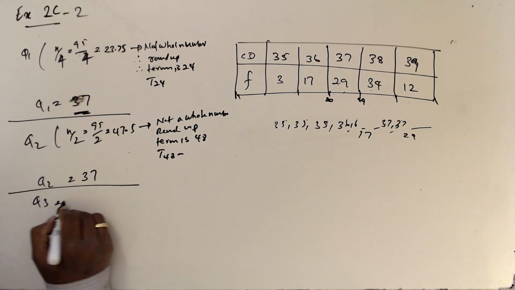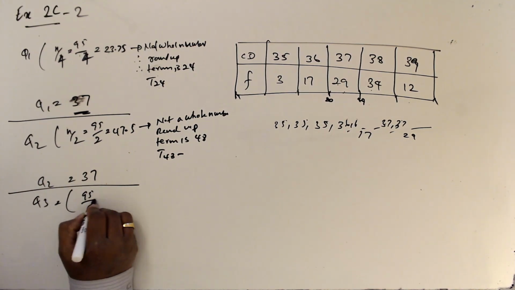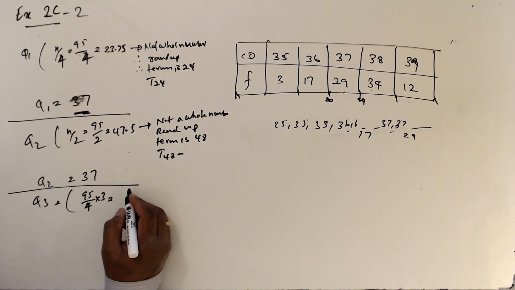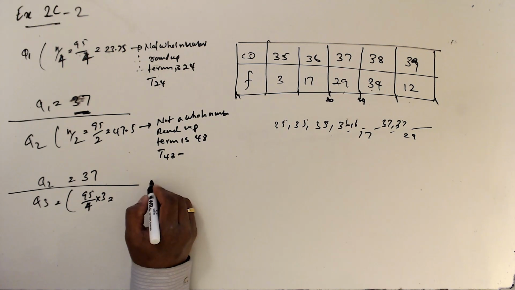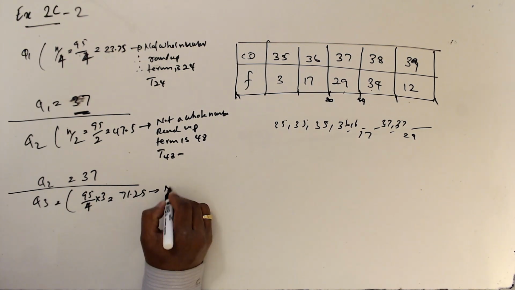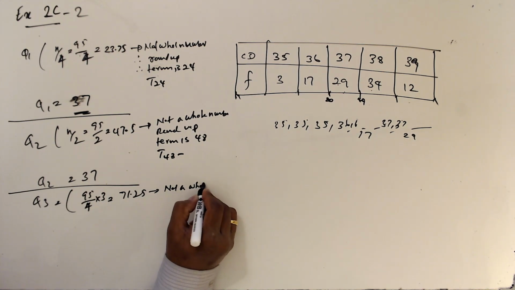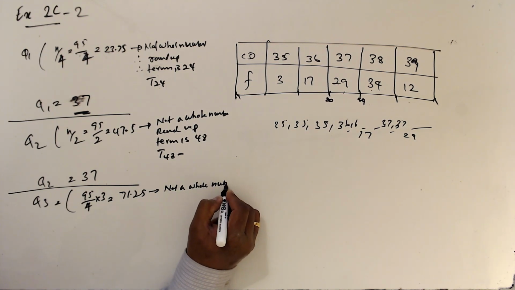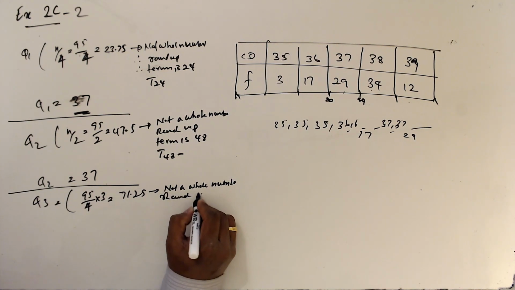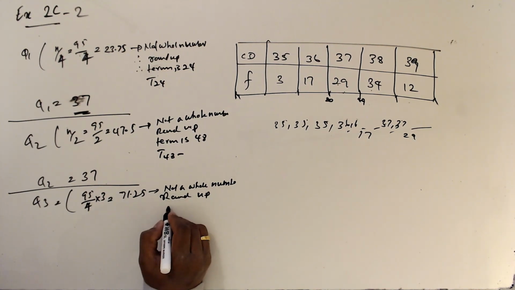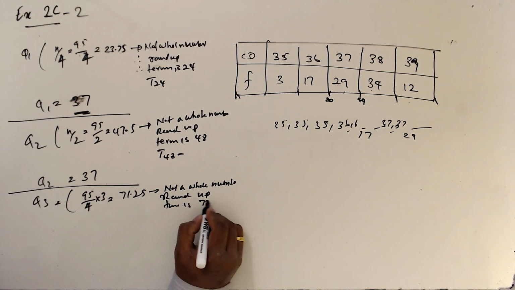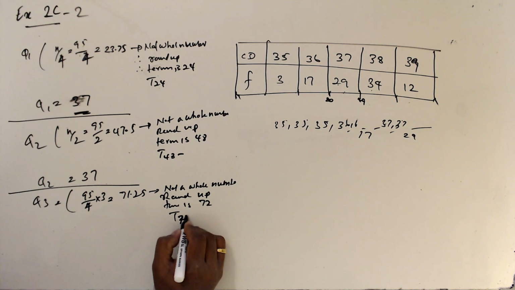Then Q3 is 3 of 95 divided by 4, that is 71.25, not a whole number, round up. So the term is 72.